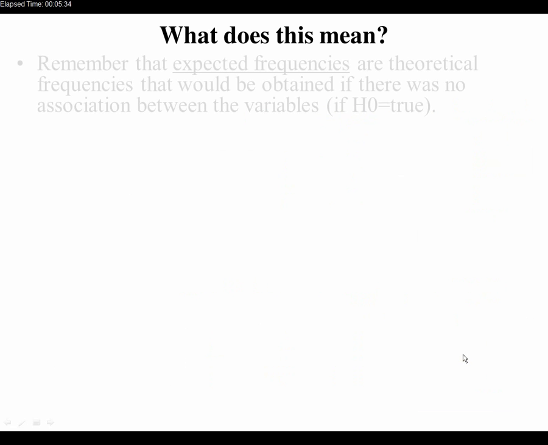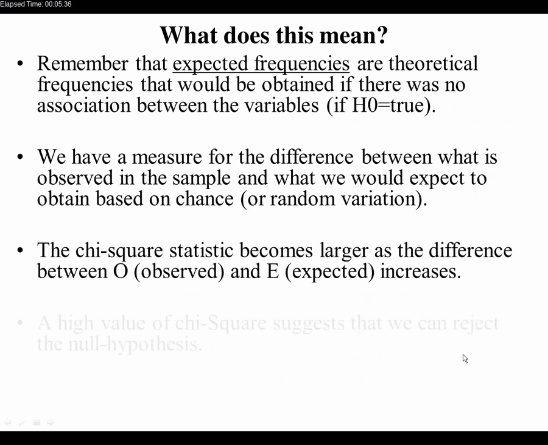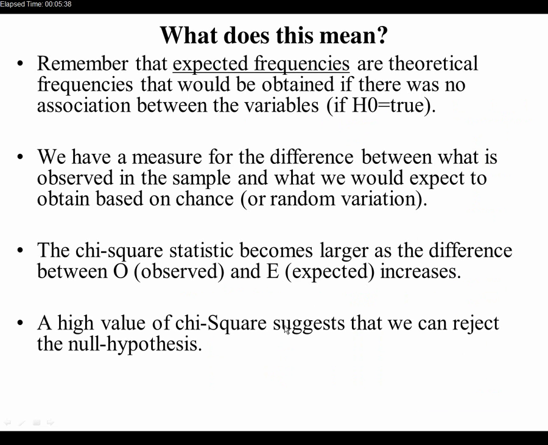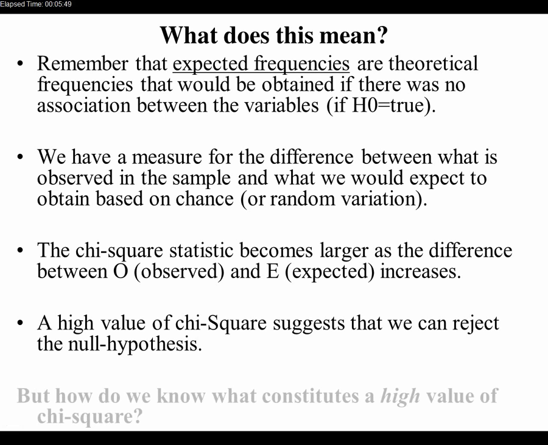A high value of chi-square suggests that we can reject the null hypothesis. So that one that was up in the 50s, we're pretty sure we could get rid of the null hypothesis. And how do we know what constitutes a high value of chi-square? We know that 57 is higher than 1, but what does that mean?